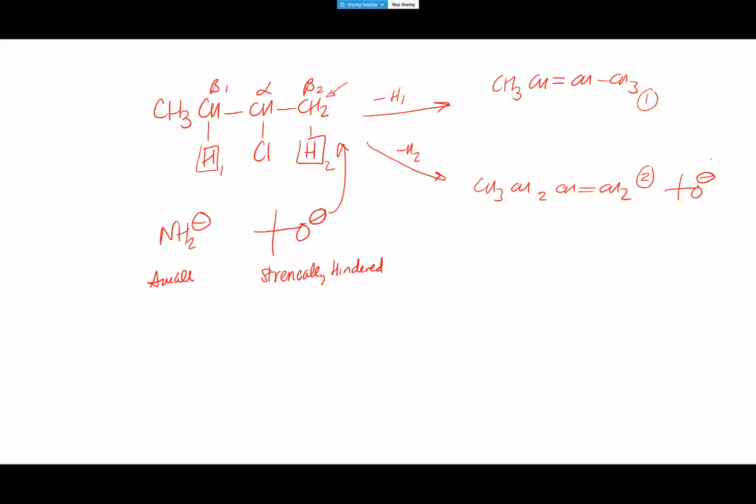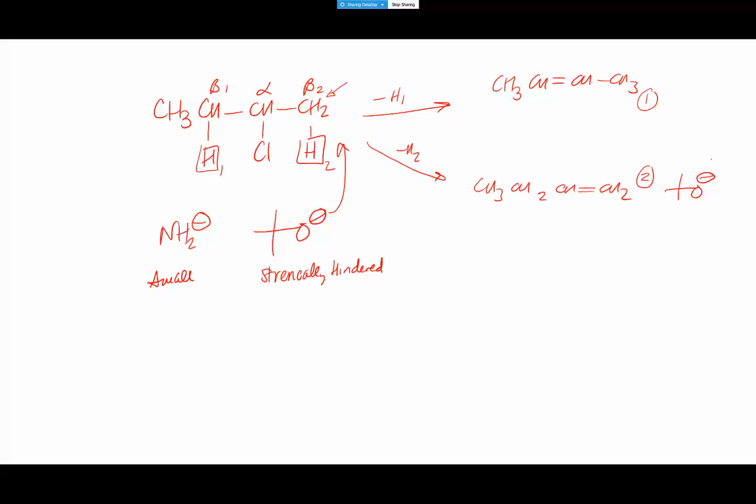The problem with the tert-butoxide is it can't get to both. It can only get to the one that's least sterically hindered. And so now I have a choice.